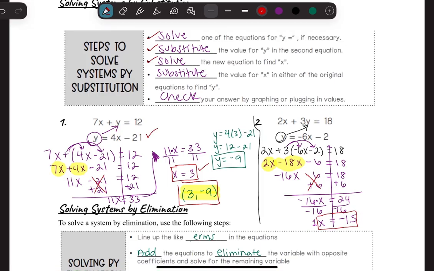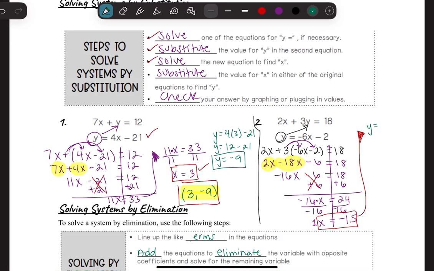Now we're going to take this x value and plug it back into either one of the equations. I like to use the second one because it's in slope-intercept form and it makes it easier. Because now I'm solving for y. So it'll be easier to use something that already has y equals. So I'm going to use green.